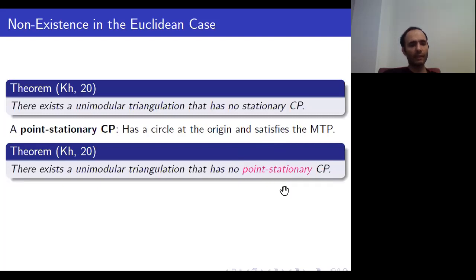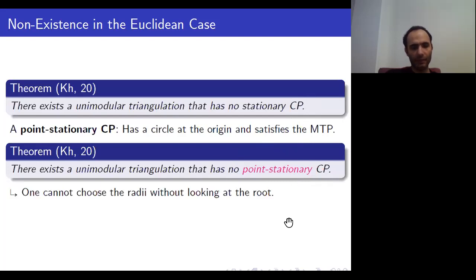So we strengthen our result to show that our example has no point stationary CP. I want to justify that the second result is more interesting. The proof of the first result is very easy, but the second result gives more information about the graph. As I said, if there is no point stationary CP, then one cannot choose the radii without looking at the root.